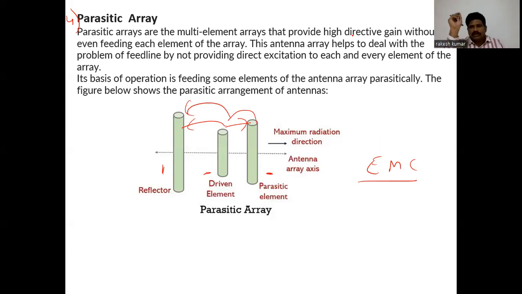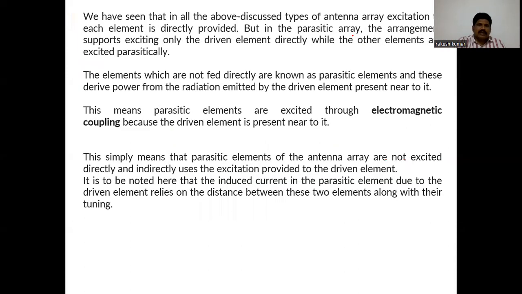Okay, so here this is not like previous cases. In previous cases, each element is fed individually, but here if you feed one element, that element will excite the side by element due to electromagnetic coupling. Such type of arrangement is called a parasitic array.